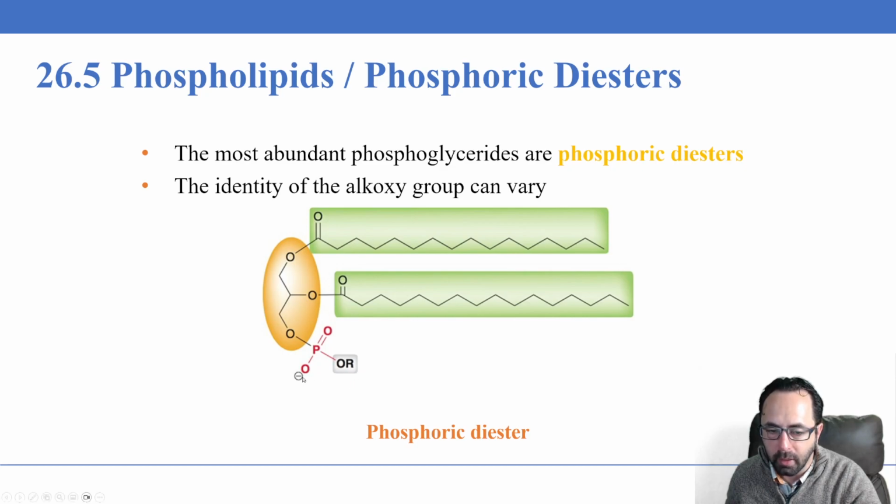At biological pHs, phosphoric acid being a decently strong acid, not a strong acid, but not extremely weak either, this will generally be deprotonated at biological pH, and then we'll have some other group hanging on here, which is the R. And this will be a phosphoric diester. Diester meaning ester here, double bond oxygen, OR here, and ester here, double bond oxygen to phosphorus, OR here.